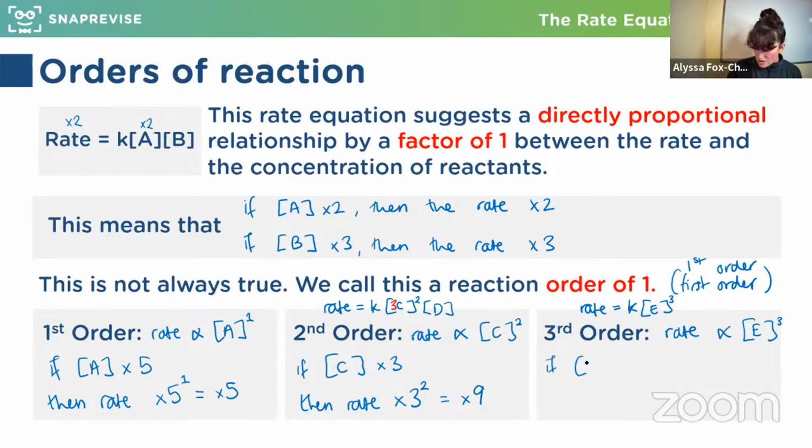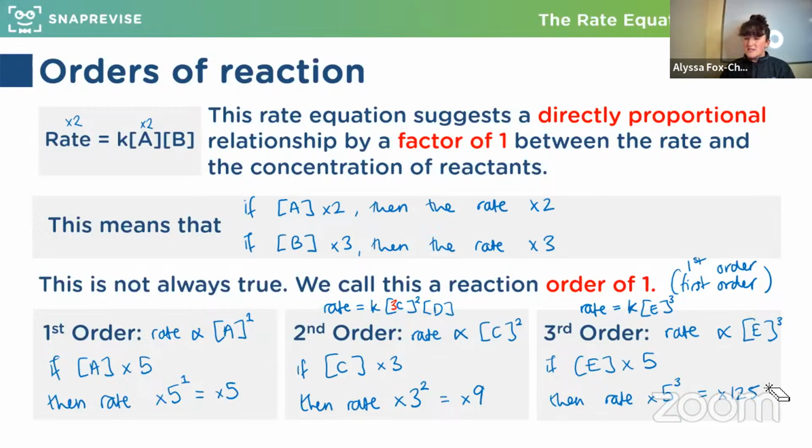So again, to look at an example, if we take E and we times the concentration of E by 5 in a second experiment, then the rate is times by 5 cubed. Because of this cubed relationship, it's third order, which means actually the rate would increase by 125 times. Oops, this should be cubed then.